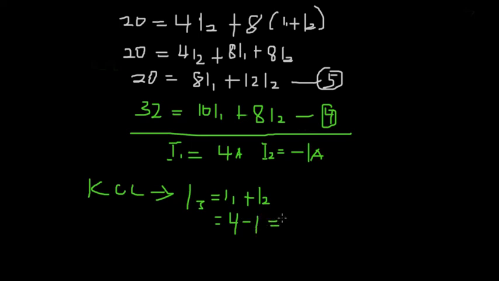It will give us 3 amps. So now you know I1 is 4 amps, I2 is minus 1 amp, and I3 is 3 amps.